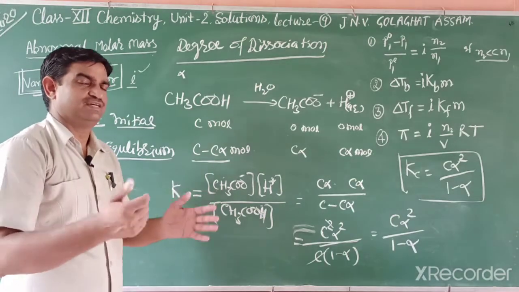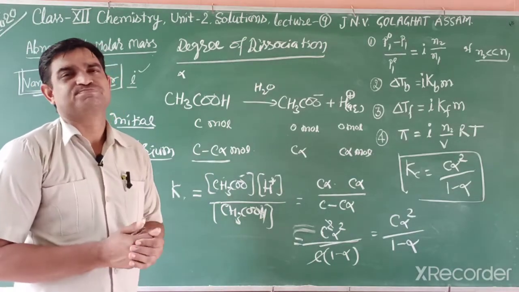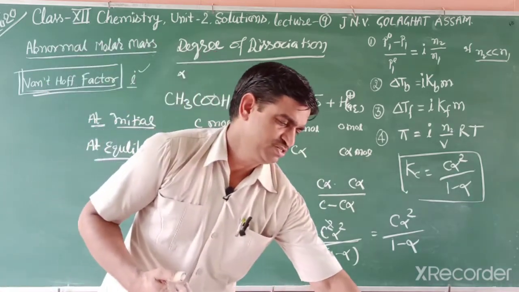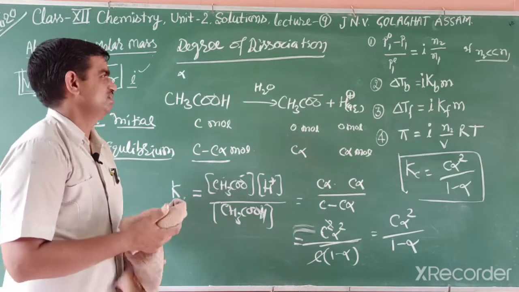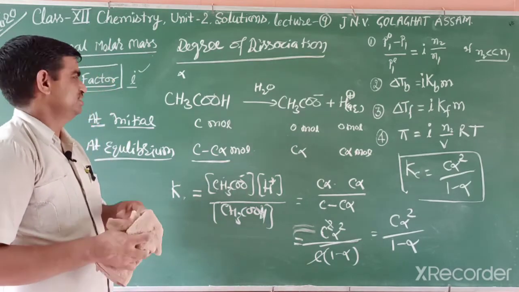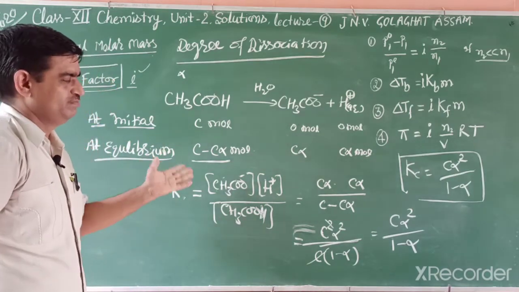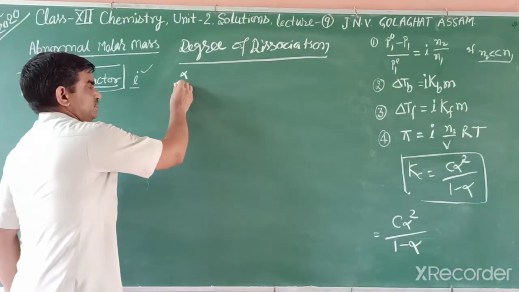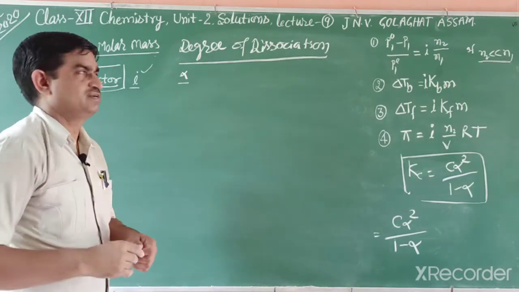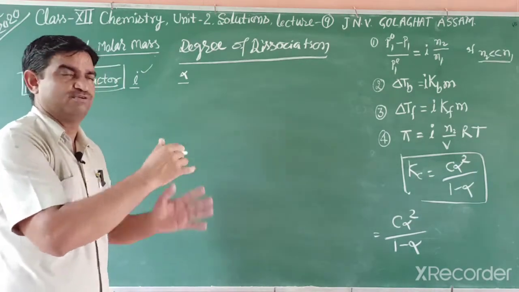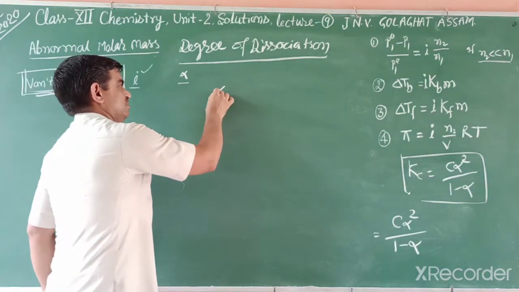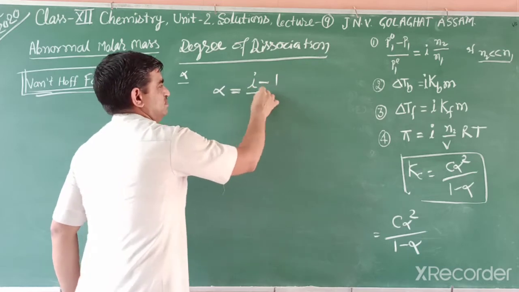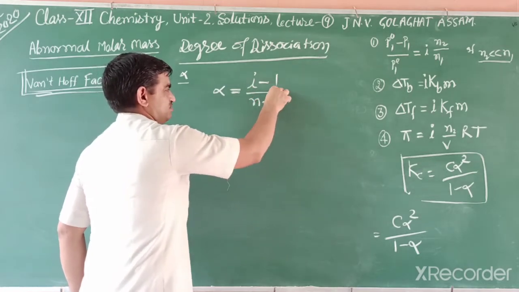But what is the relation between Van't Hoff factor and degree of dissociation? Students, there is an exact formula you can remember. We can write the formula: alpha is equal to i minus 1 divided by n minus 1.